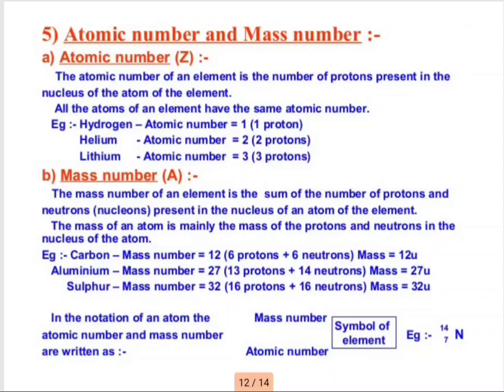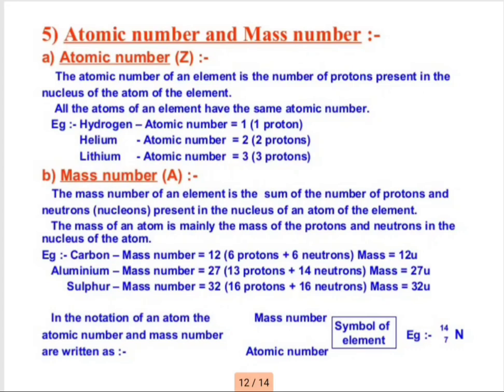You can see here hydrogen has atomic number one, so it has one proton or electron also. Lithium has 3 protons or 3 electrons, so its atomic number is 3.